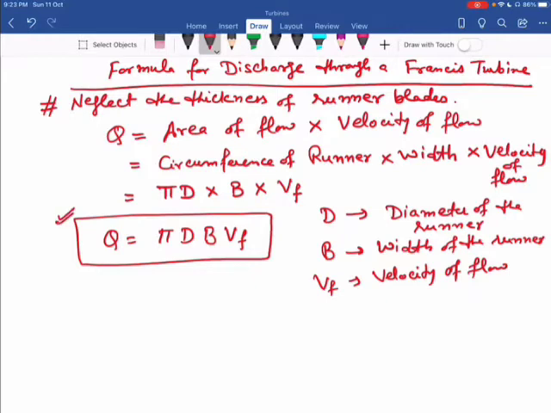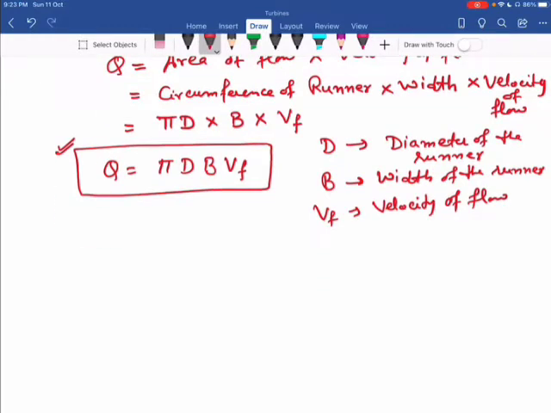Now next is how we select the velocity triangle. So for this we see the outlet velocity triangle first. So next I see how to select the outlet velocity triangle.